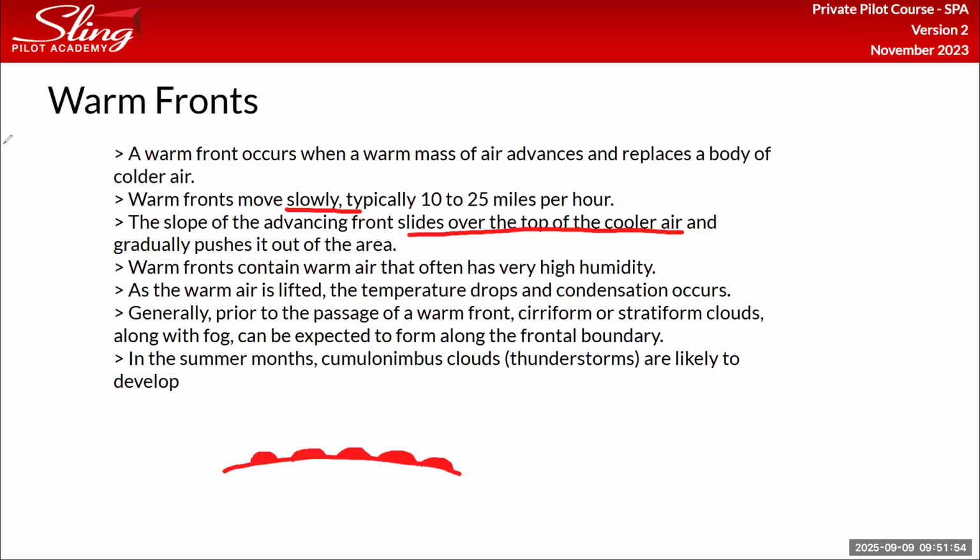And in the summer months, cumulonimbus thunderstorm clouds are likely to develop because these warm fronts contain warm air that has very high humidity. So it's got that moisture to create clouds and fog.